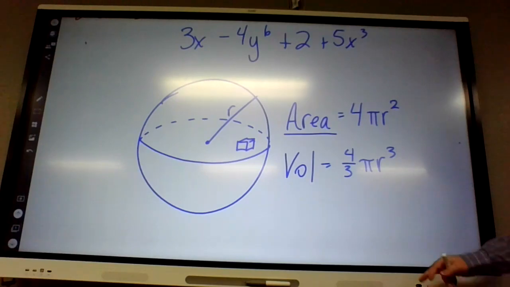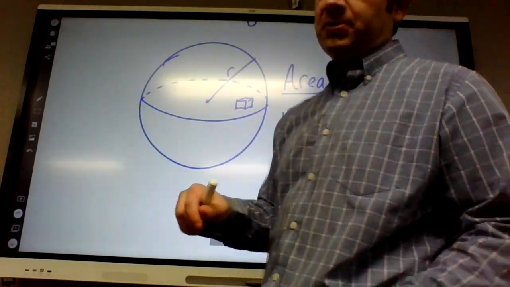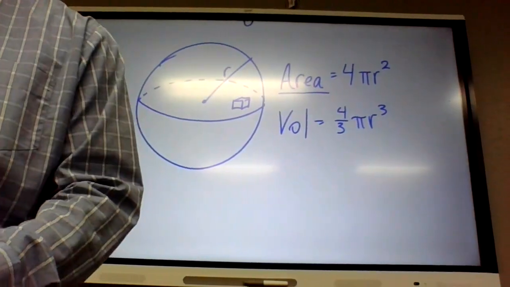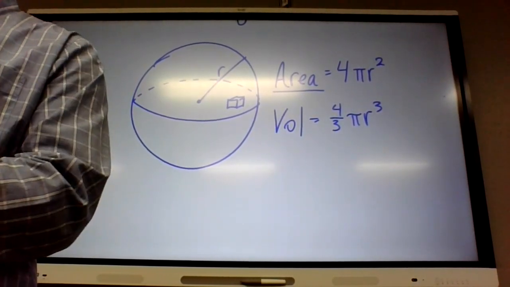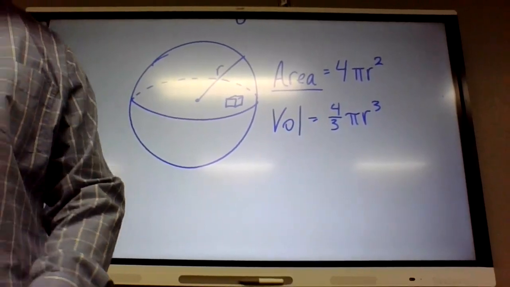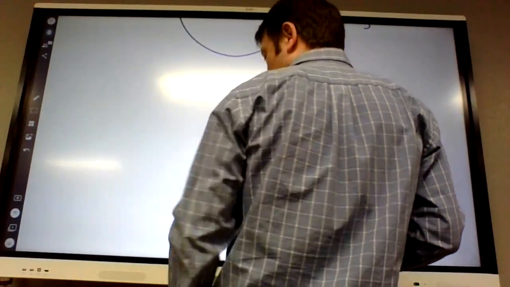Anyways, moving on. That's all we got really for formulas. So, number 1, find the surface area. What was the surface area? 4 pi r squared.